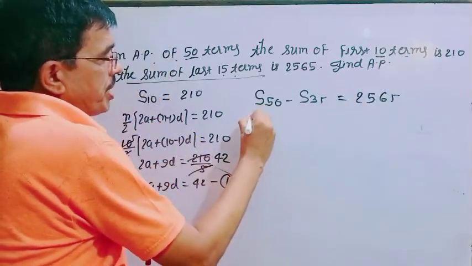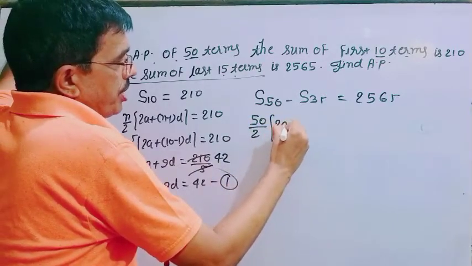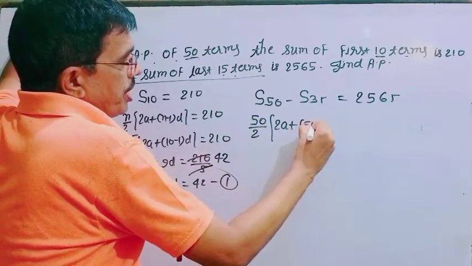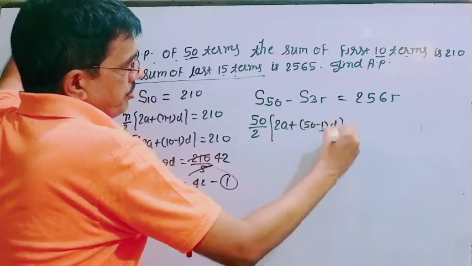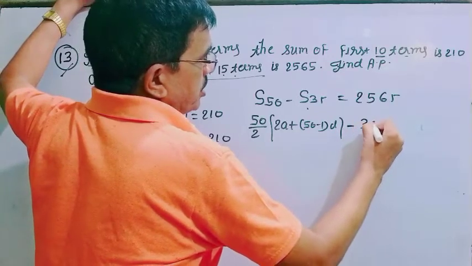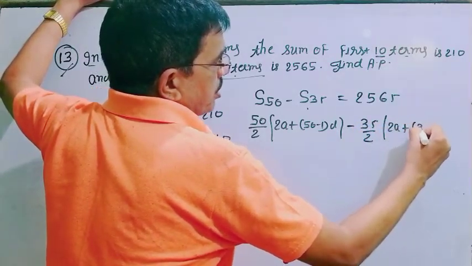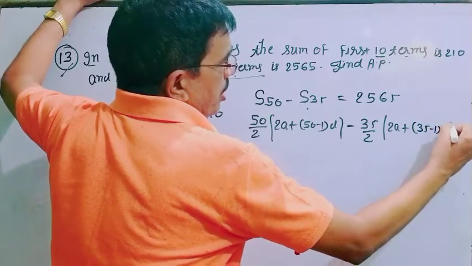Now what is S50? That is n by 2, 2a plus n minus 1 into d. Similarly, what is S35? It is n by 2, 2a plus 35 minus 1 into d.